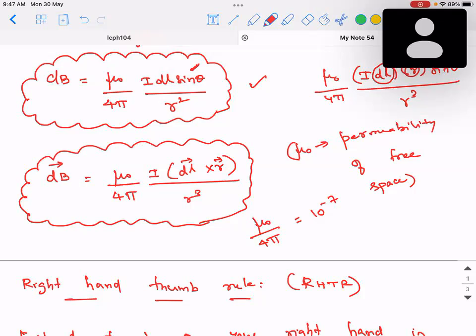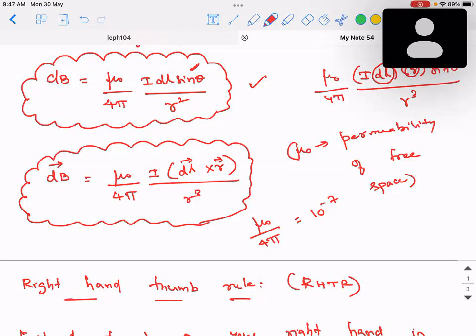Any idea? It's the name of a scientist, a very famous scientist. Oersted was very famous. It's Tesla.